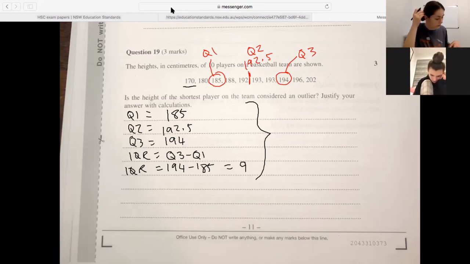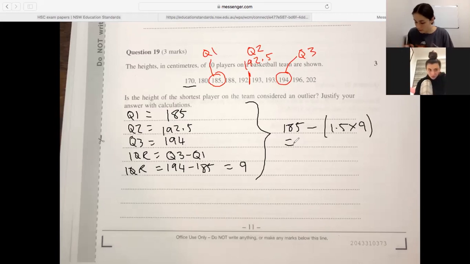Do we go 185 minus 1.5 times 9? Correct. And what would we get? We get the answer of 171.5. And you know what that answer means? It means that it is an outlier.